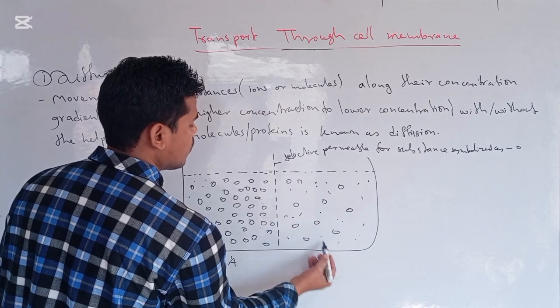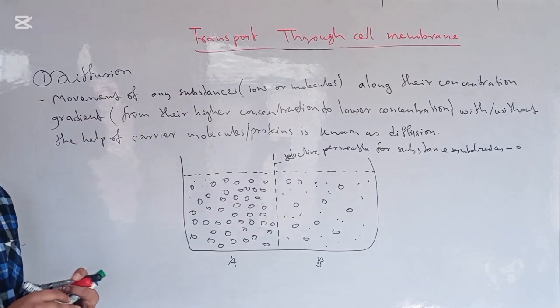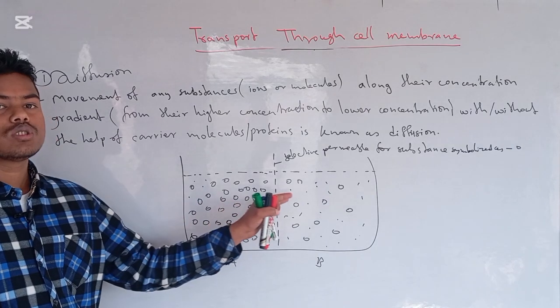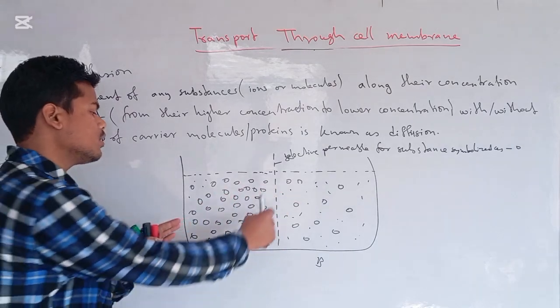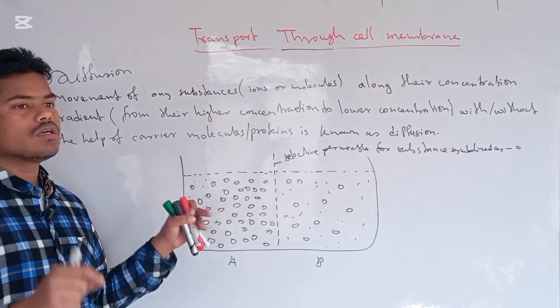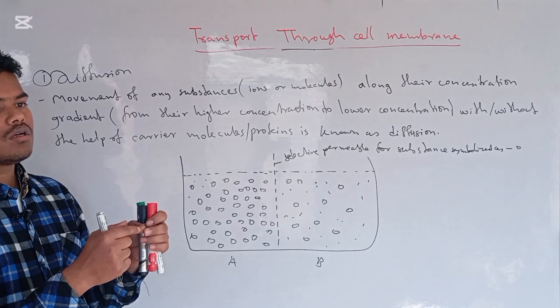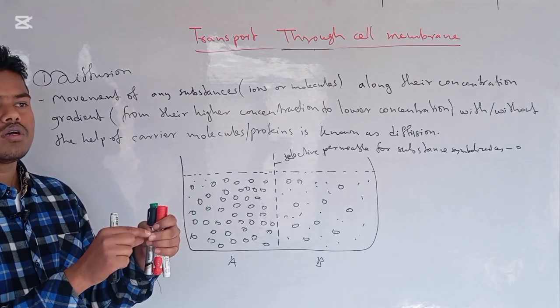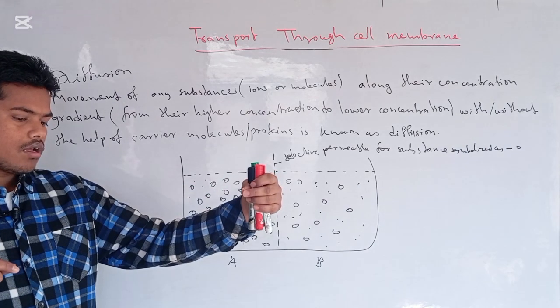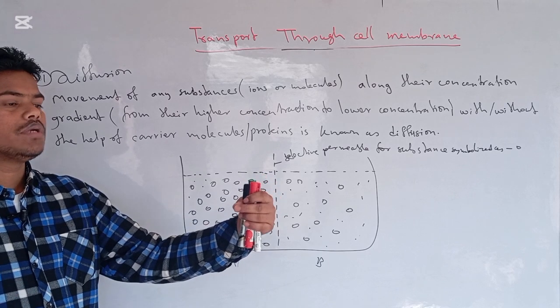Since we are talking about passage through the cell membrane, and in gaseous condition, gaseous molecules: if we join two cylinders and make a pore, one cylinder is empty and one is filled with gas.